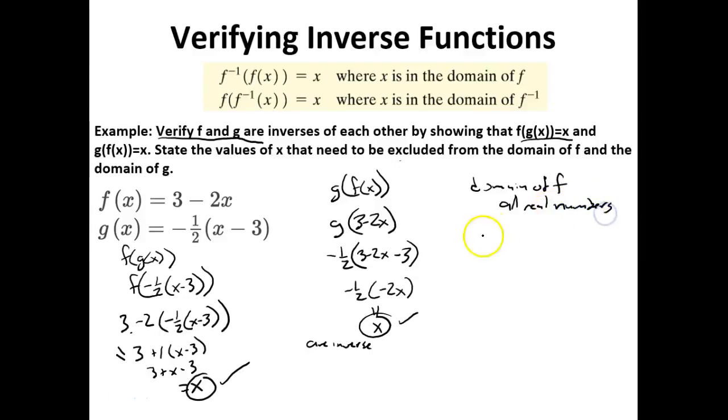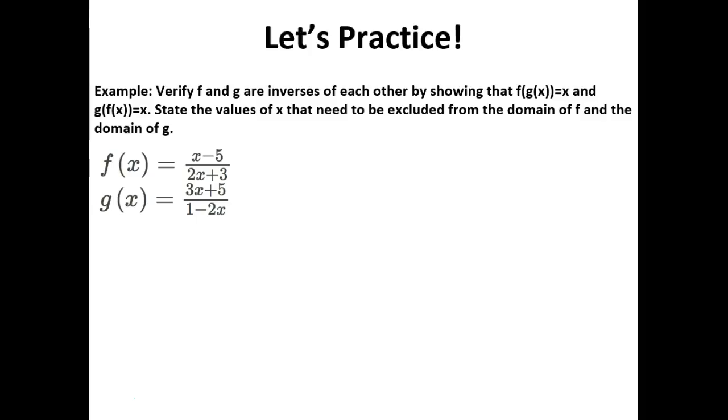When I look at the domain of g, does anything have to be excluded? No, all real numbers. Neither one of them has fractions with the variable in the bottom, or denominator, and there's no roots. So nothing needs to be excluded from their domains.